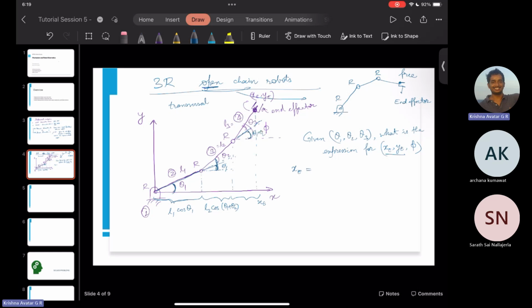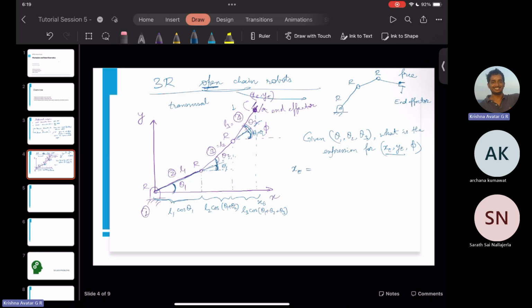Because of which the total angle made by link 4 with respect to the x-axis is θ1 plus θ2 plus θ3, and the projection will be L3 into the cosine of that, right?